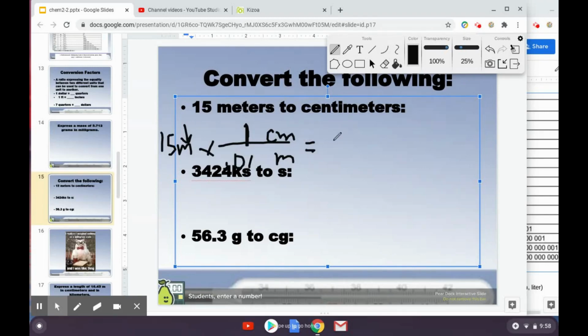And then we're ready to solve. So if we've got a 1 on top, now we just need to divide what's on bottom. So 15 divided by 0.01 is going to give me 1,500 centimeters.